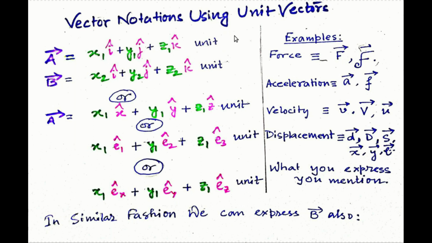So the vector consists of three things. One is magnitude, another is the direction part, and another is the unit. So these two vectors, a or b, can be expressed as b equals x times i cap plus y times j cap plus z times k cap, and obviously there is a unit.